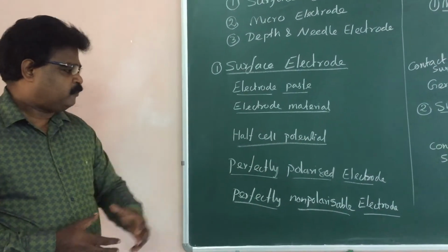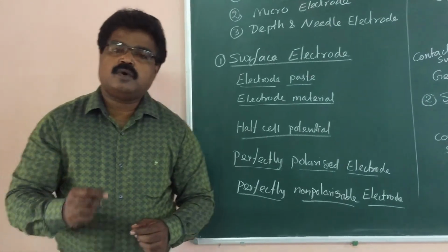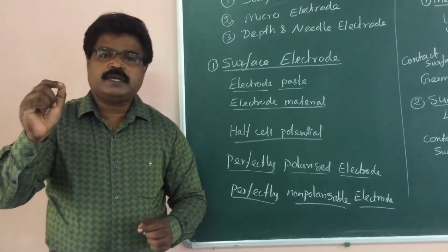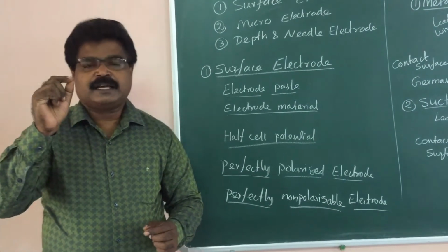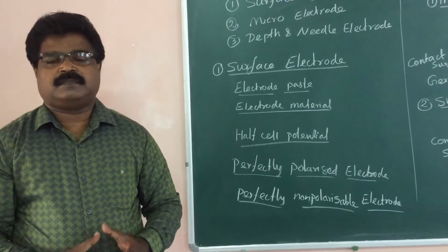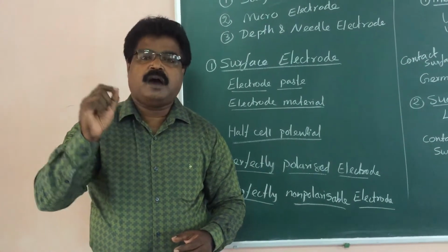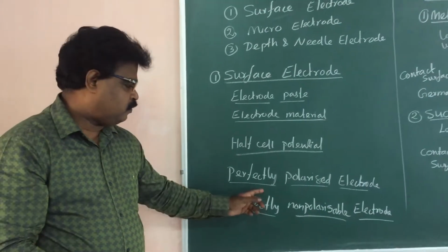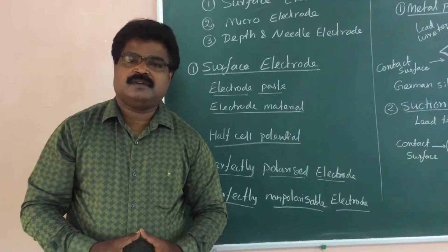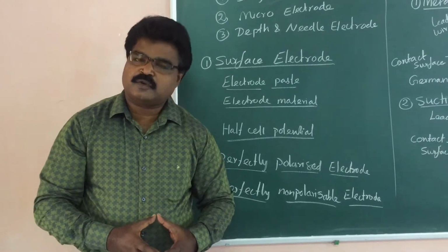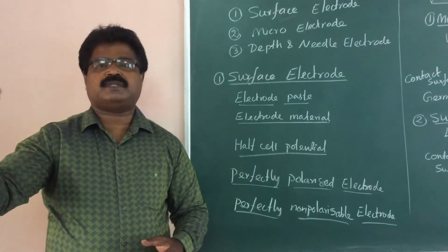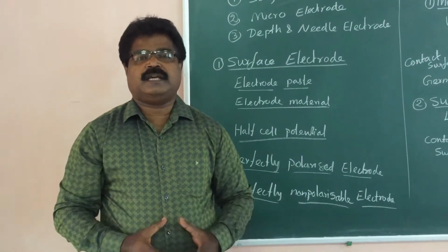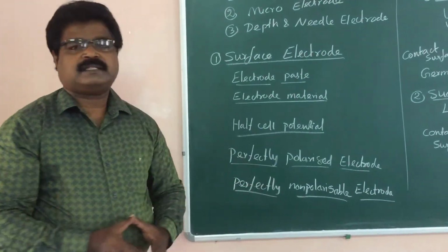Now, a perfectly polarized electrode is one where there is no net transfer of ions through the metal electrode and electrolyte interface. In a perfectly polarized electrode, there is no transfer of ions from the skin or body to the metal electrode. That's called a perfectly polarized electrode.